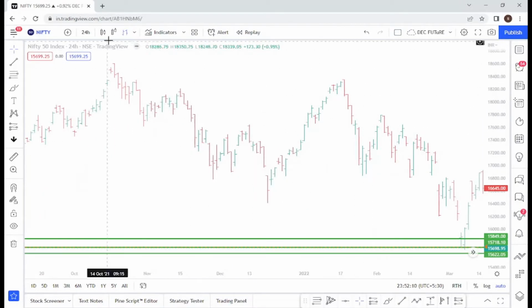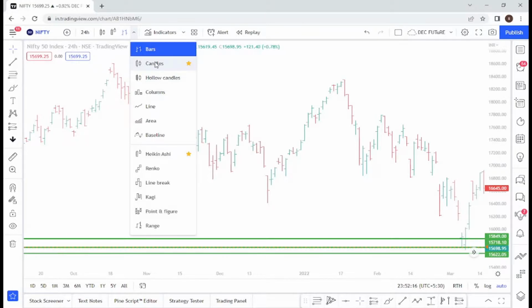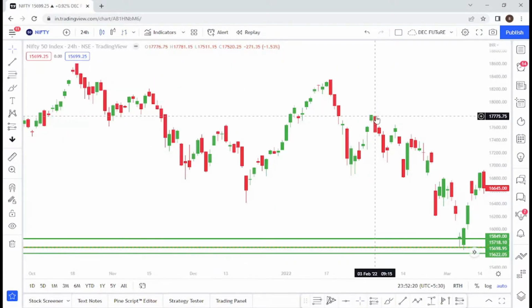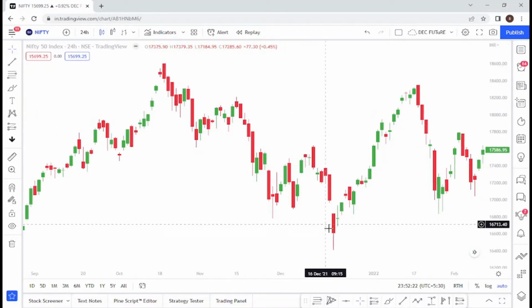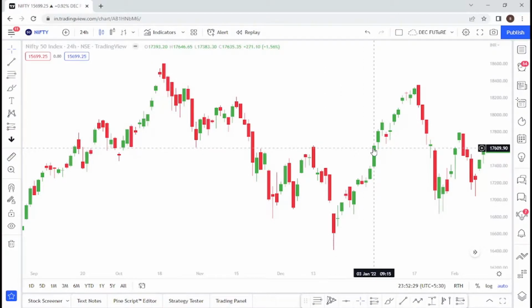So this is a bar chart. Similarly, these are all kinds of charts available: bars, candles, hollows, column, line, area, so on and on. My favorite being the candlestick charts. Now this also represents the same thing, the price momentum, but along with this, a candle will give more characteristics to the prices.